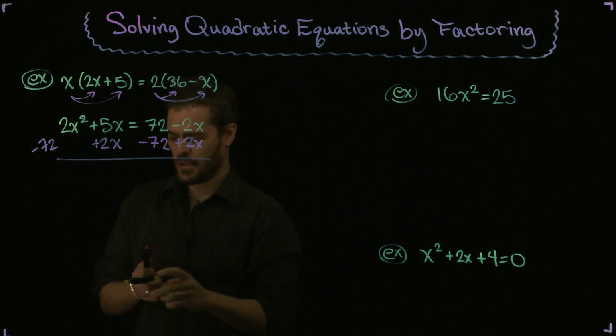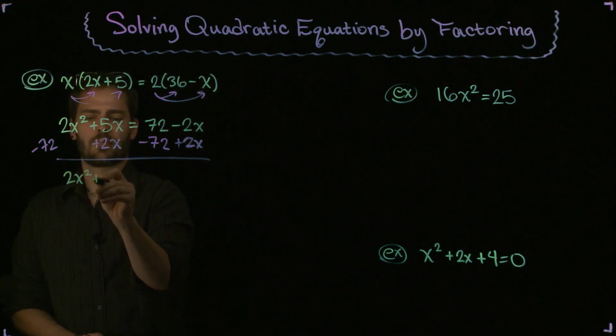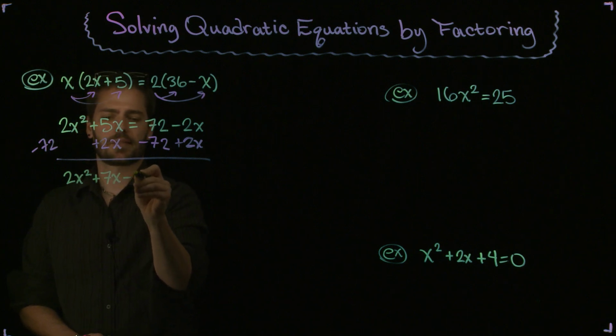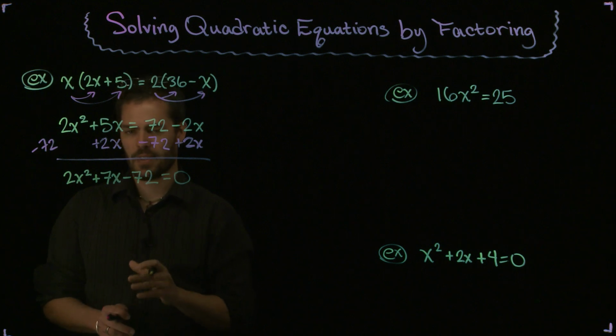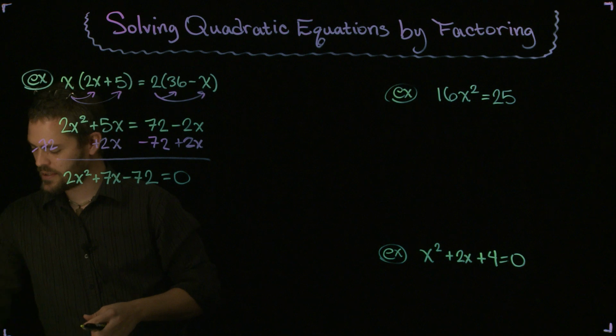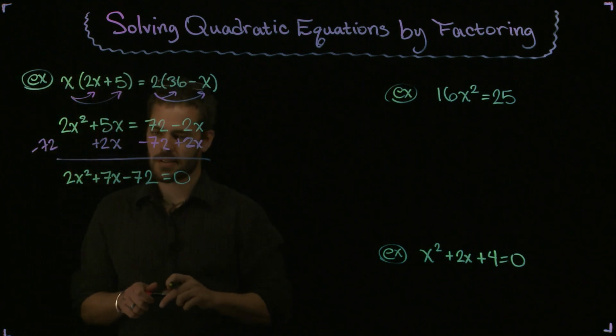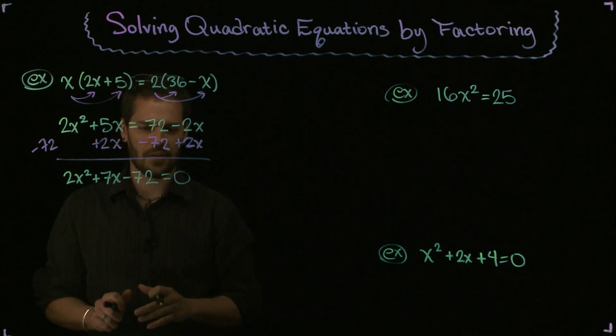And what I get is 2x squared plus 7x minus 72 equals 0, written in the standard form. And I'm going to attempt to factor this from here. Now, I've showed method 1, I've showed method 3.